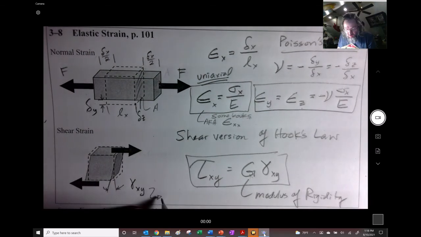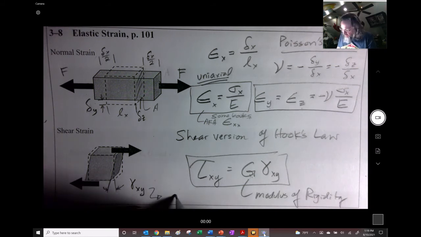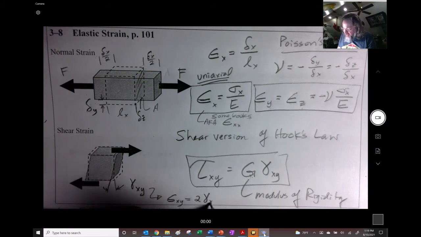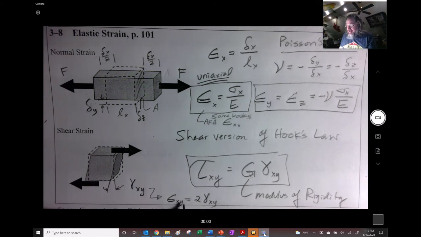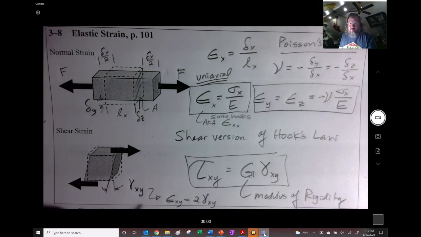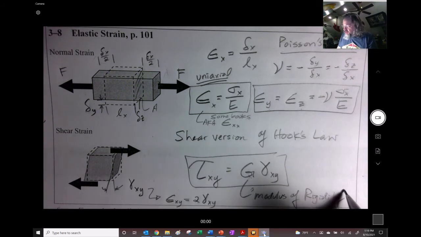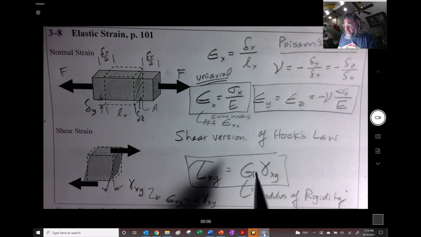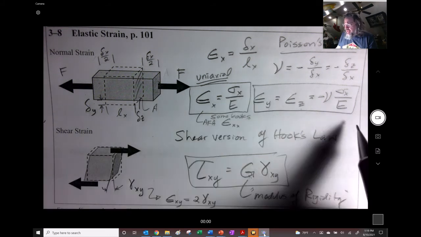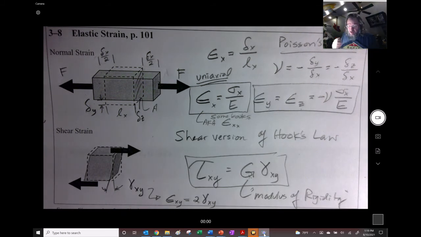So then they call another one that's kind of related, epsilon XY. But in that case, just so you know, it's actually going to be 2 times gamma XY, right? It's not actually equal to the slope. It's equal to 2 times this slope, right? You could pick it around, but these are all good things to know of their existence. But for the things that I've blocked out right here, those are important things to know.